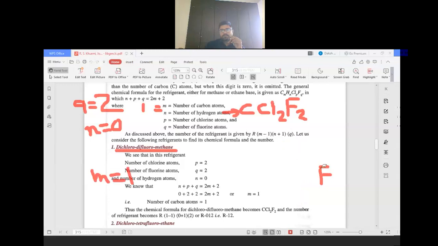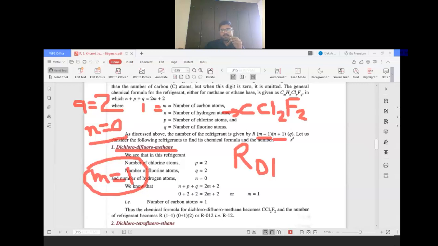We will use the formula R, M minus 1, N plus 1, Q. First of all, write R. First is M minus 1. What is M here? M is 1, so 1 minus 1 means 0. Then we have N plus 1. What is N here? N is 0, so 0 plus 1 means 1.